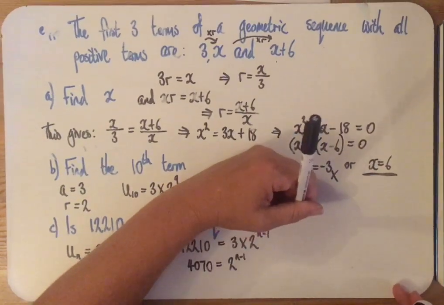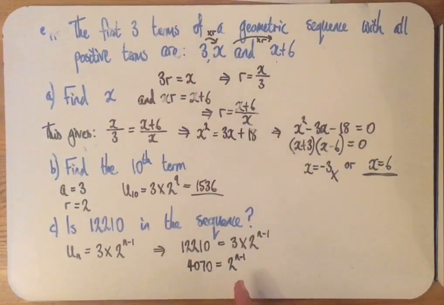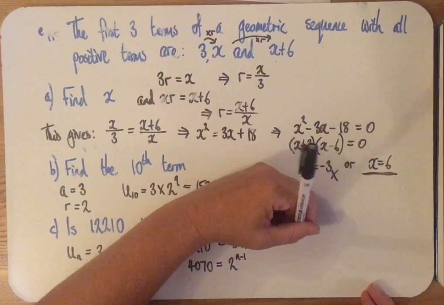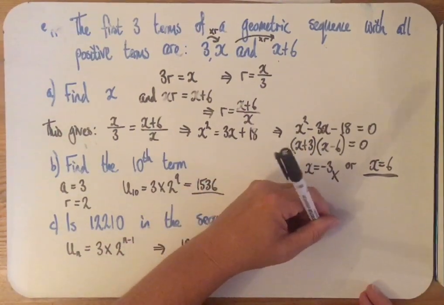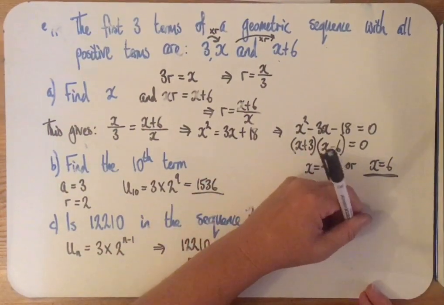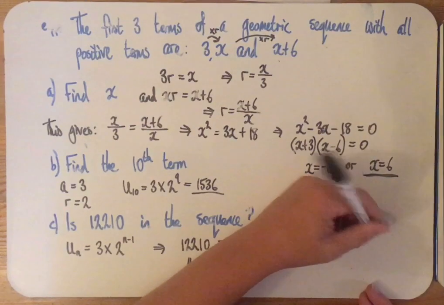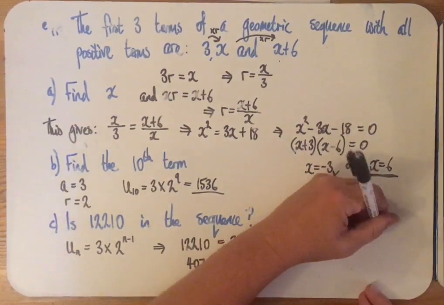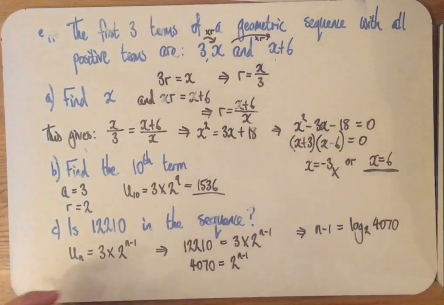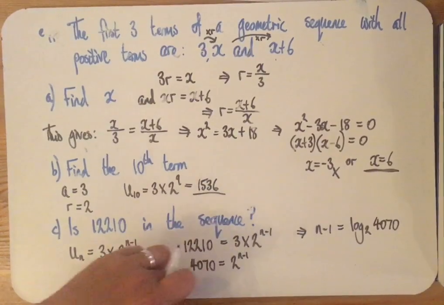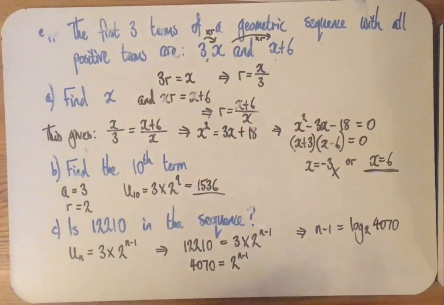And then you don't need to take logs of both sides, you could just say n minus 1 will equal log to the base 2 of 4070. Or you can take logs of both sides, bring down the power and divide, either or.